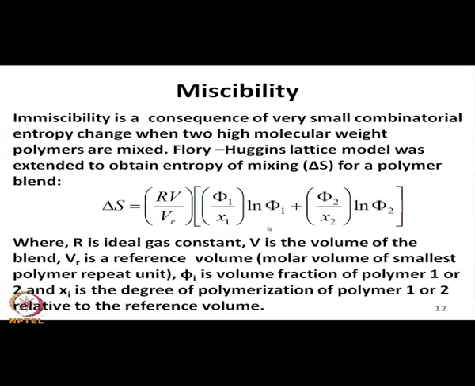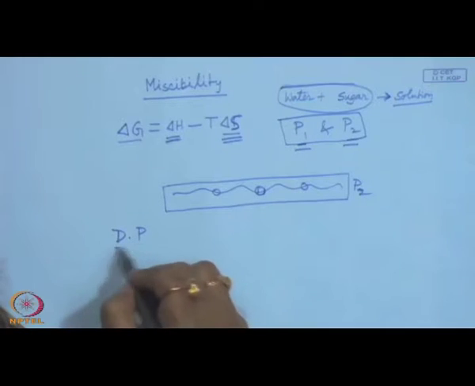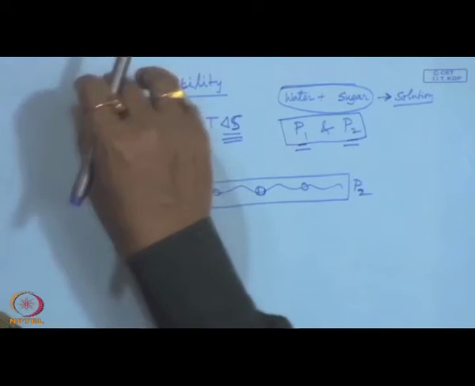Phi 1 and phi 2 are the volume fractions of the two component polymers: phi 1 is the volume fraction of P1 and phi 2 is the volume fraction of P2. And x 1 and x 2 are the degrees of polymerization, DP, which is related to the molecular weight of the polymer.